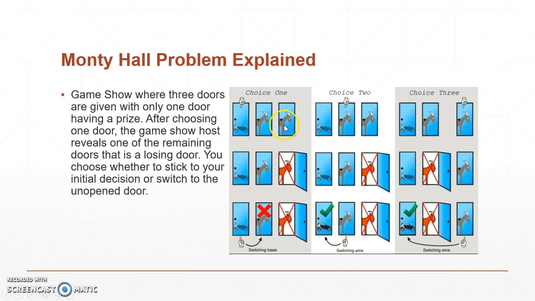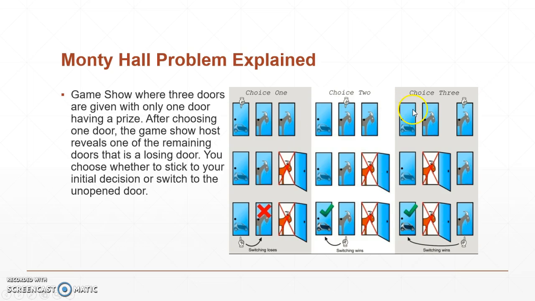Now when the game show host eliminates one of those 2 doors, your 2/3 chance concentrates on 1 door. So you have a 1/3 chance of having chosen the first door correctly and a 2/3 chance that the door that has not been opened is the correct door.